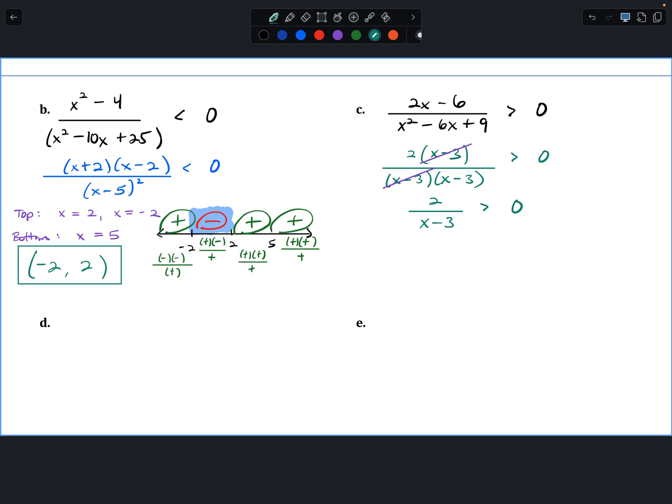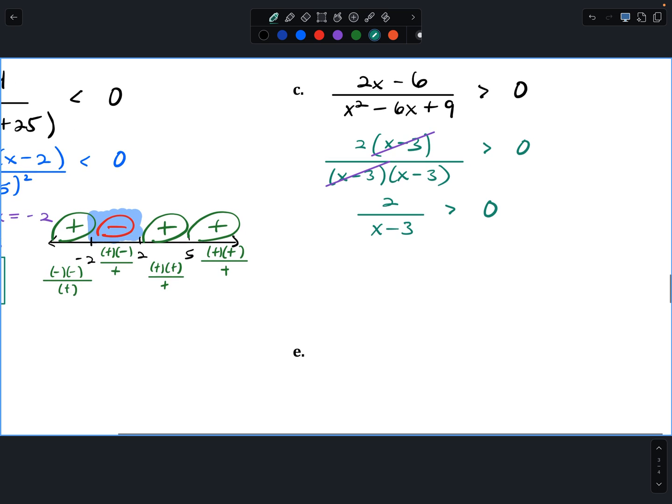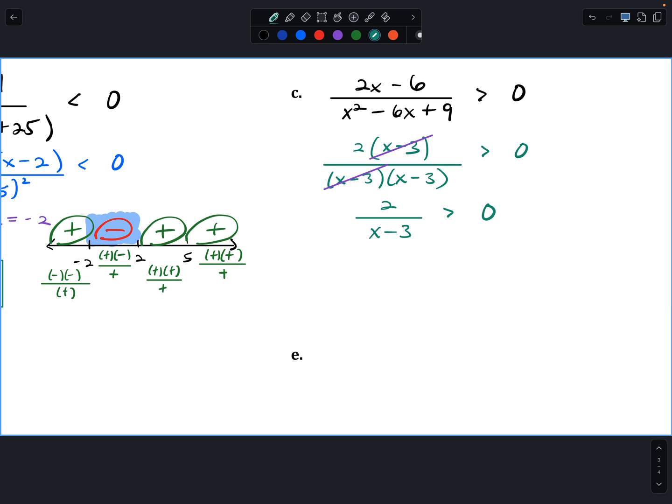We want to know when it's positive. Okay, so this is important. What does our note say about zeros of the graph? Zeros come from what? The top or the bottom? Top. Do I have anything left on top that's ever going to make this 0?